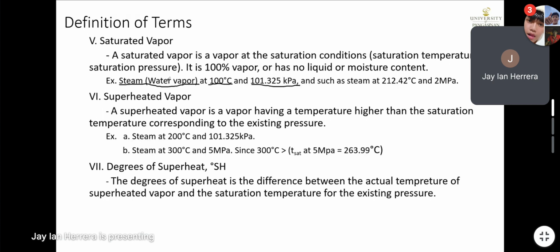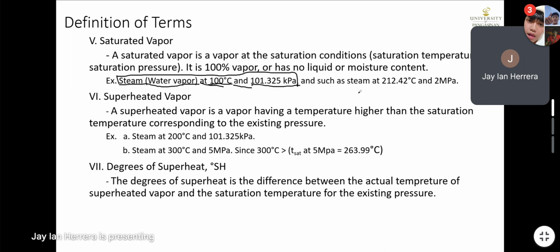Saturated vapor in this condition is kapag totally evaporated na yung water. Totally vapor na kasi nga totally evaporated. So parang usok na lang yan inside the container mo.